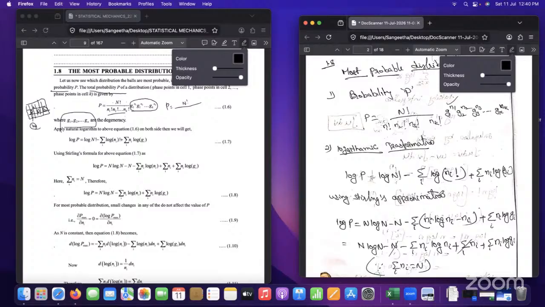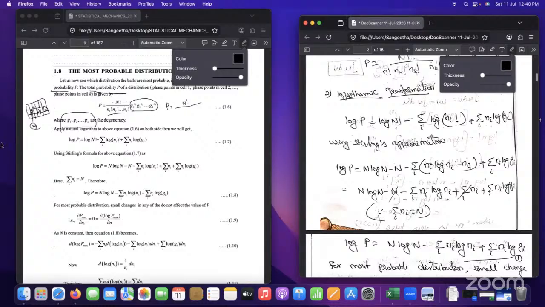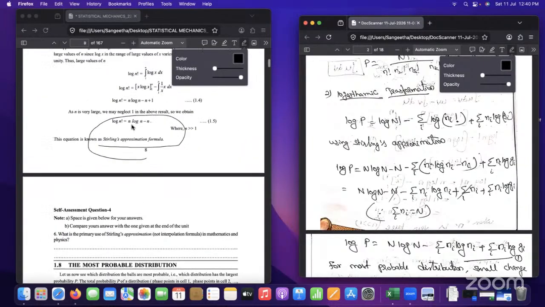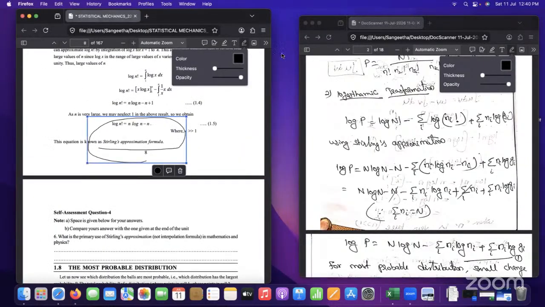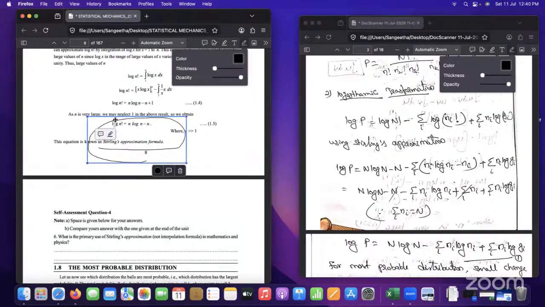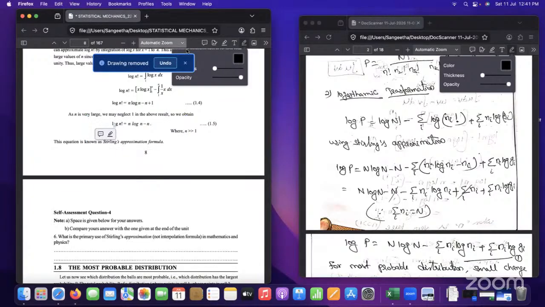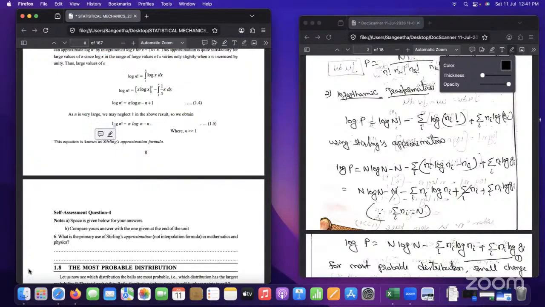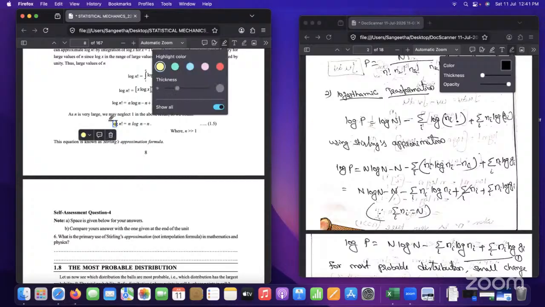Now I am applying Stirling approximation. What is the formula of Stirling approximation? Log N factorial equals N log N minus N. Now I am applying Stirling approximation here.